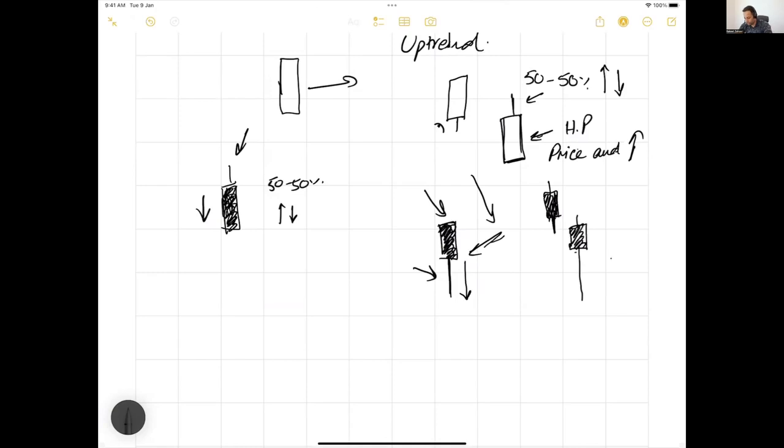I'm not going to look at a potential wick fill. The reason why is because this wick length is bigger than the body, which means it's an exhaustion wick, which means there's a higher probability that the next candle can close bullish, and we may have some sort of a retracement.